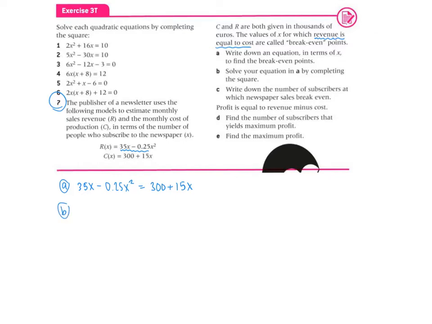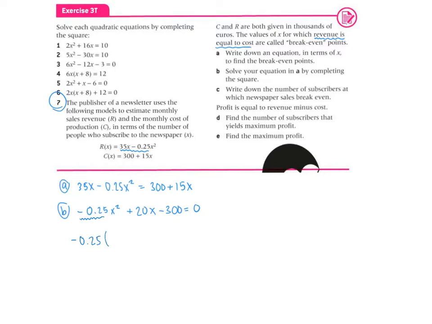So to complete the square, I'm going to move everything to one side. So I have 0.25x squared plus 20x minus 300 equals 0, essentially. Now I'm going to factor out, or divide out, negative 0.25.